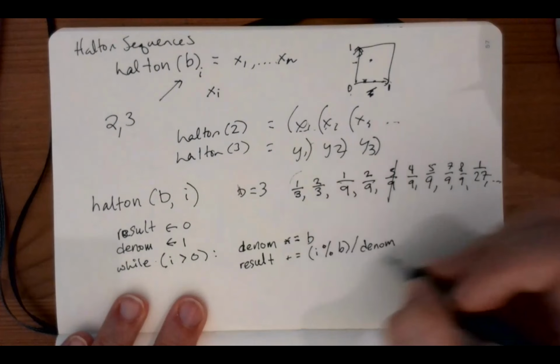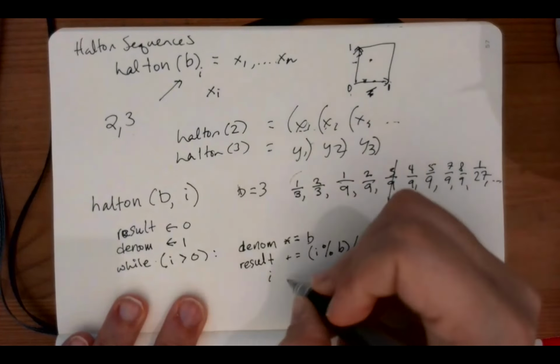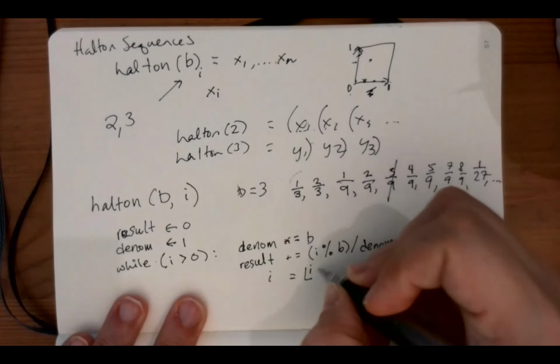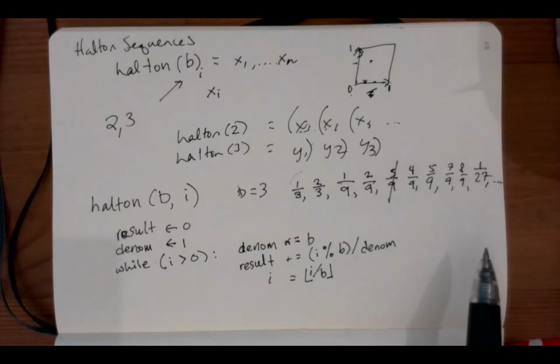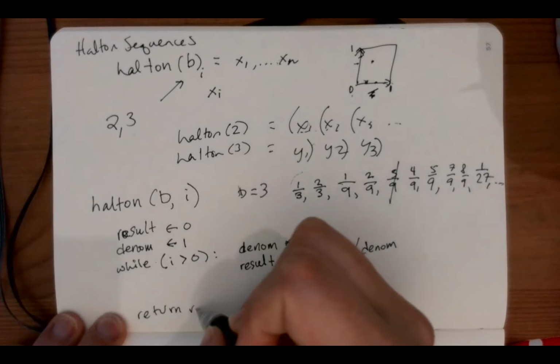This is the fraction that we're creating. Then we update our index to be the floor of itself divided by the base. And finally, we return that result.